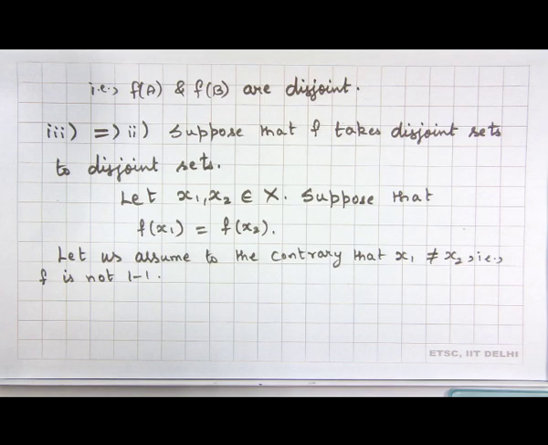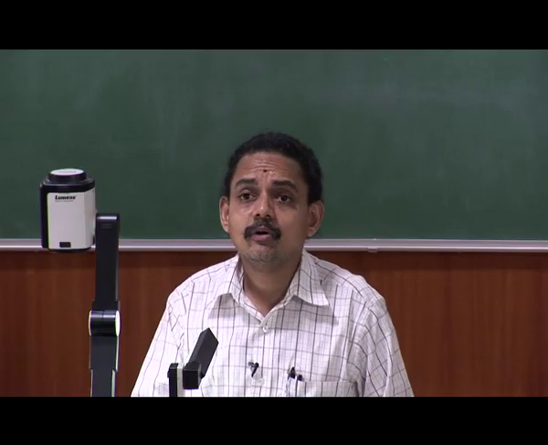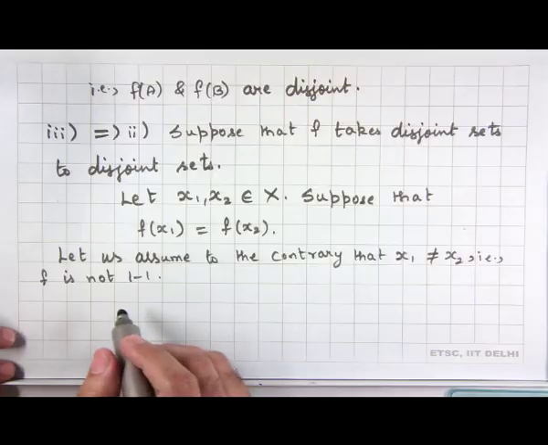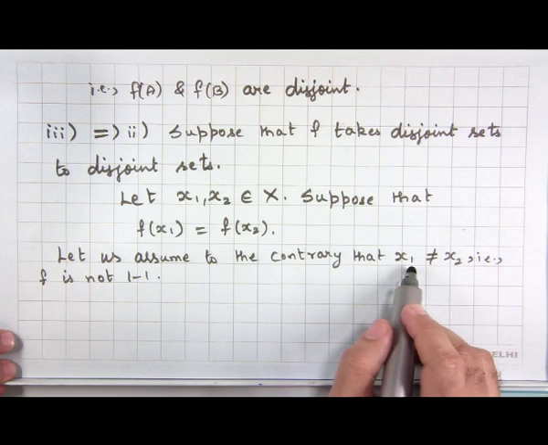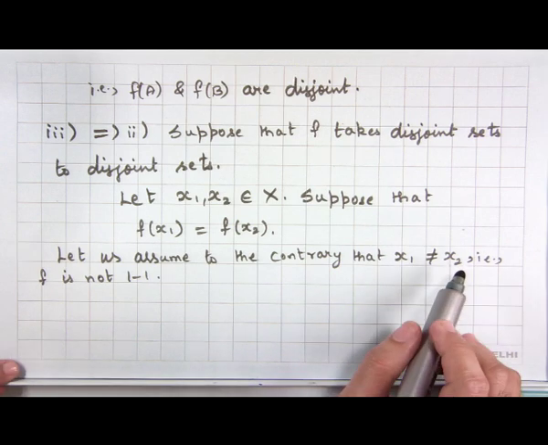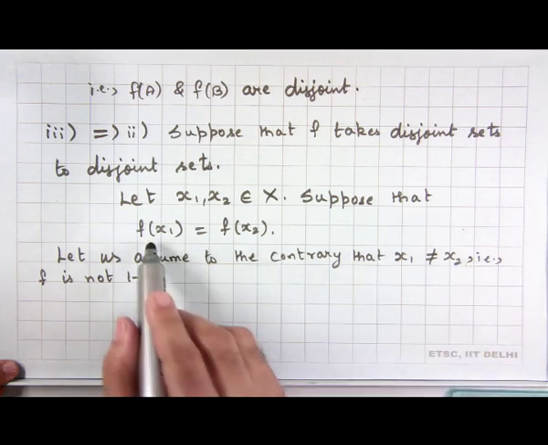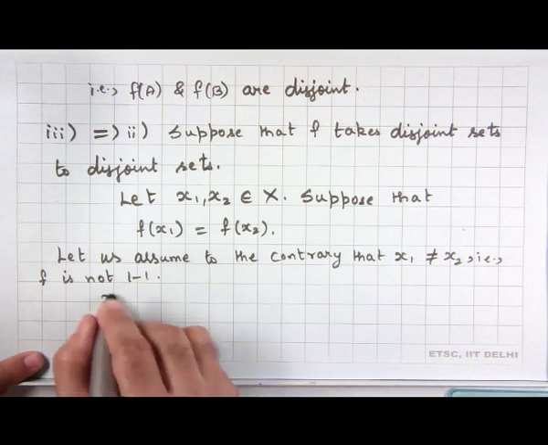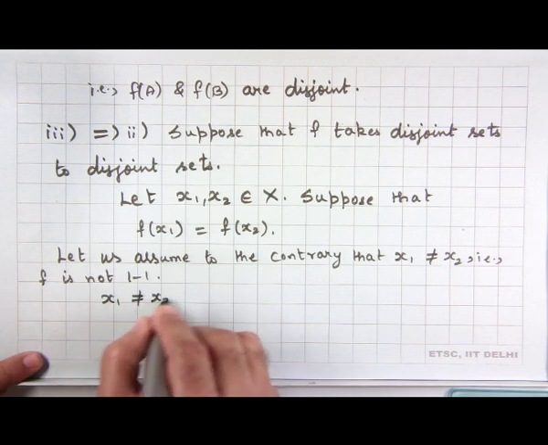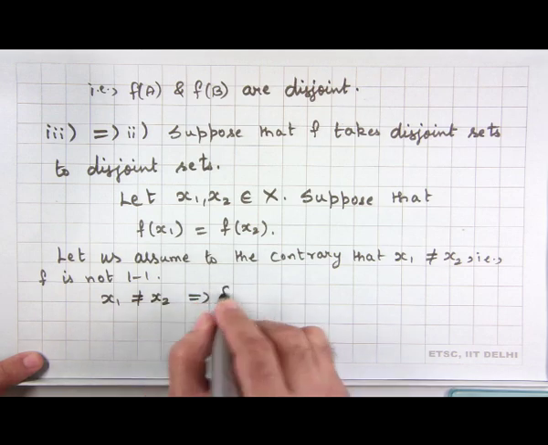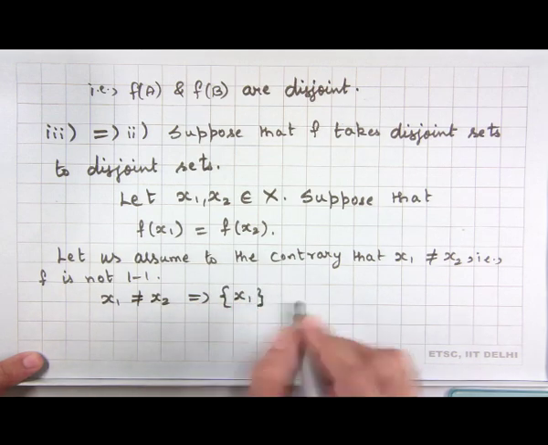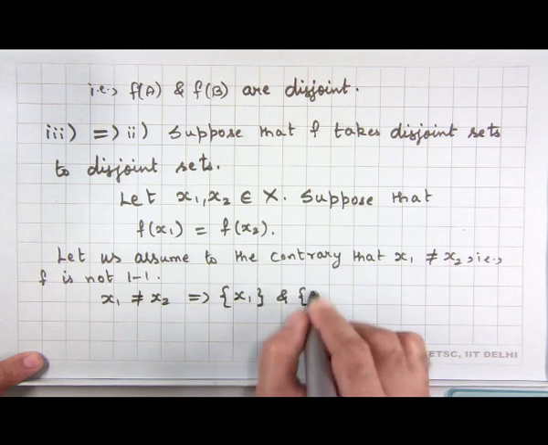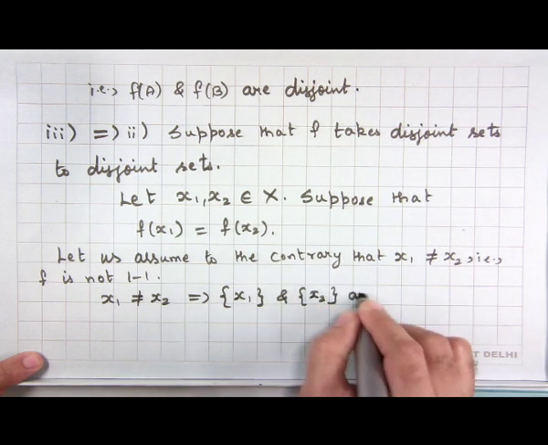What we have assumed is that f is not 1-1. Now, we will produce a contradiction. How to produce a contradiction? What we have is two distinct elements x1 and x2, but f of x1 equal to f of x2. So, x1 not equal to x2 immediately says that the two singleton sets, {x1} and {x2}, are disjoint.